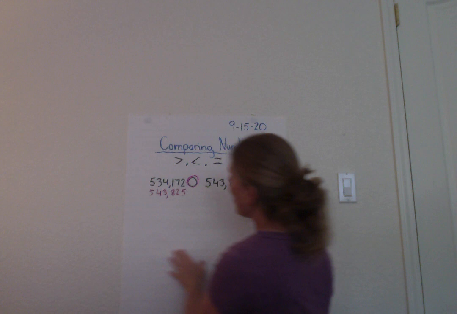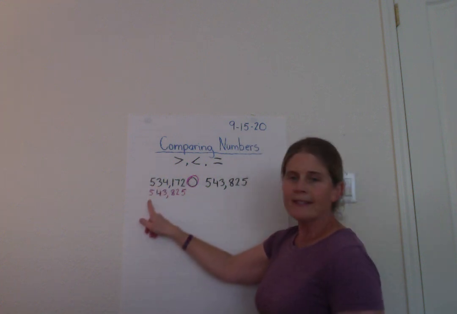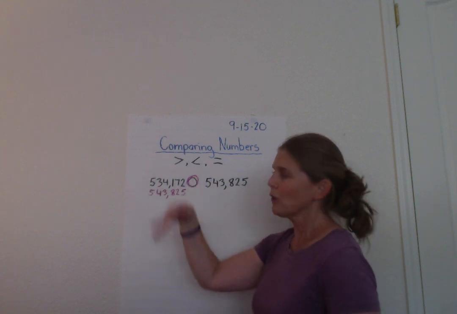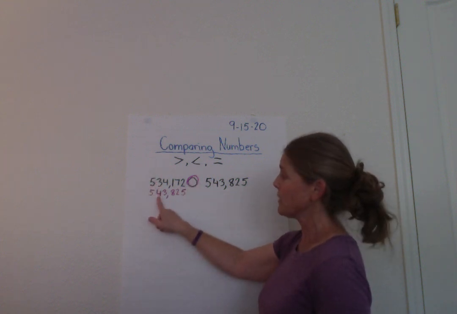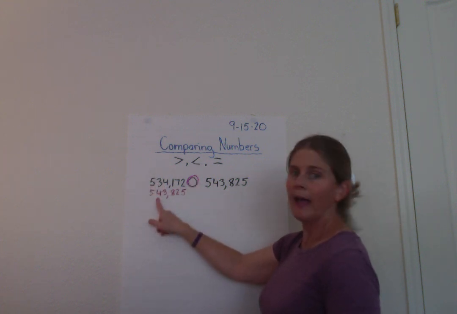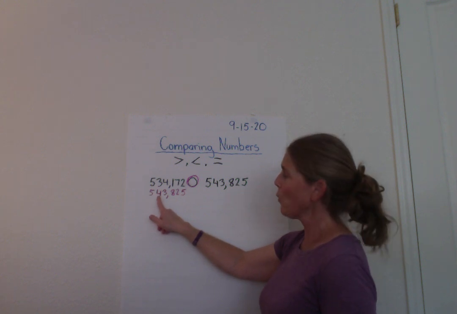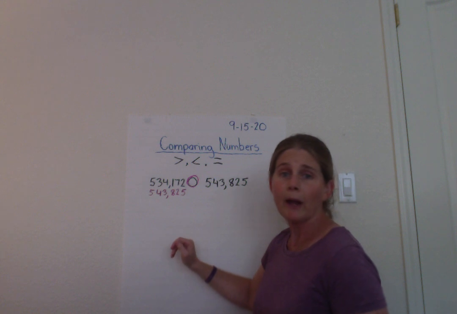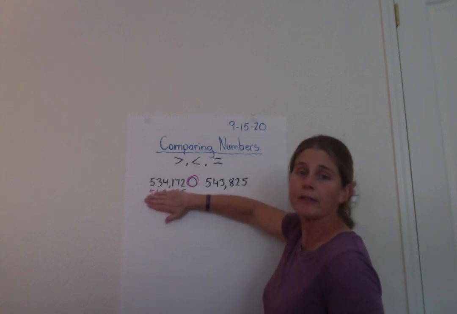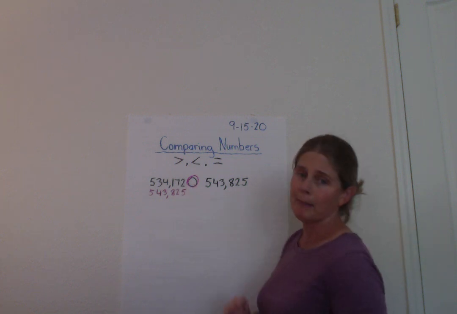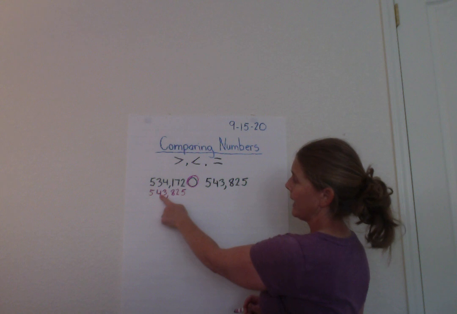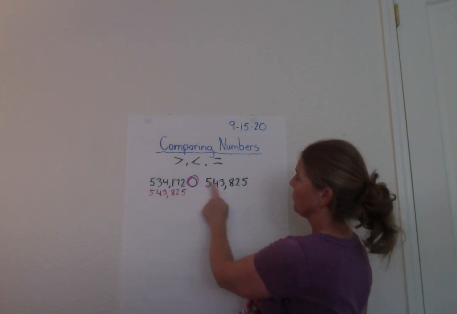543,825. Okay, so I see the same number in the 100,000s place. So right now, I already know they're still equal, so I have to go down to the next. Oh, look at that. This number has a 4, which is larger than this number with a 3. So right off the bat, I know this number is larger. Now I've got to fill in my sign. This number was larger, right? It had the 4 in the 10,000s place.